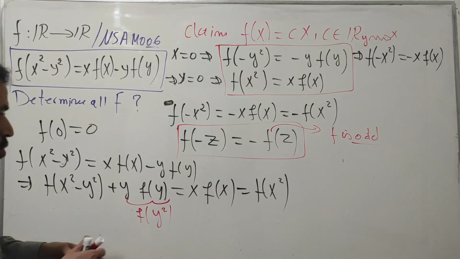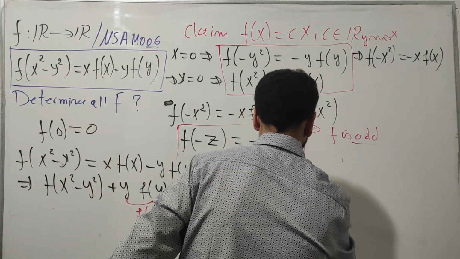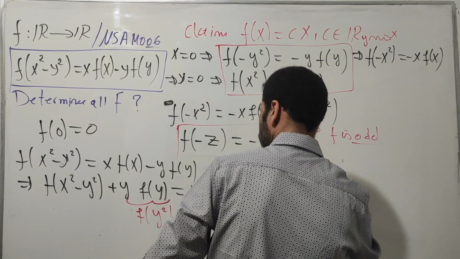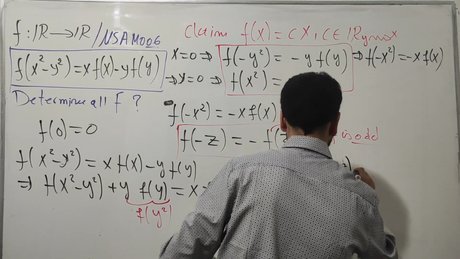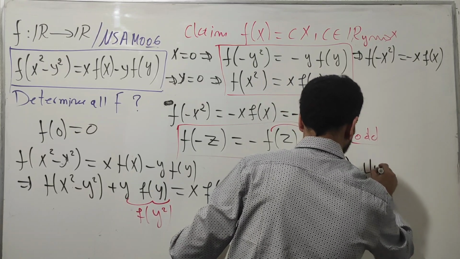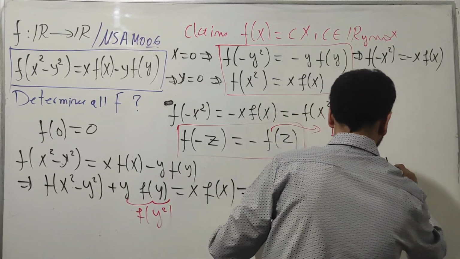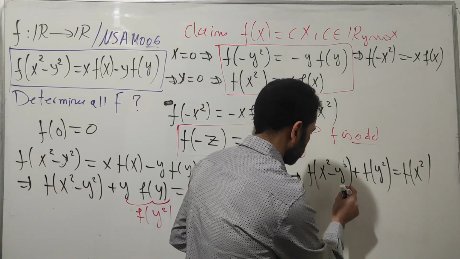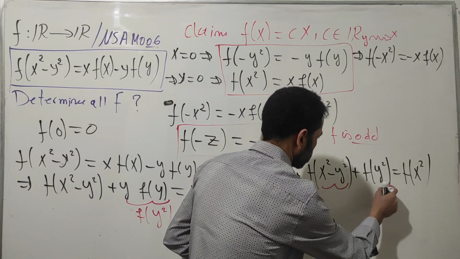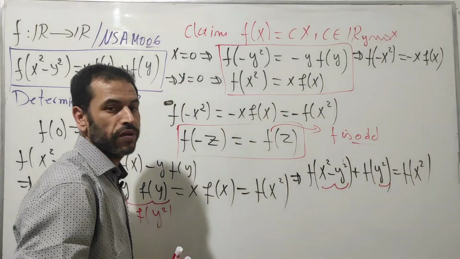Okay, so this expression is going to be f of x squared minus y squared plus f of y squared, which equals f of x squared. Let's put this term and this term together, as I have previously done.